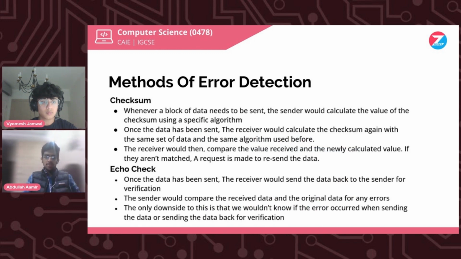Now, two more methods. Let me do it quickly: checksum and echo check. In a checksum, whenever a block of data needs to be sent, the sender calculates the value of a checksum using a specific algorithm. The algorithm is known to both the receiver and the sender.